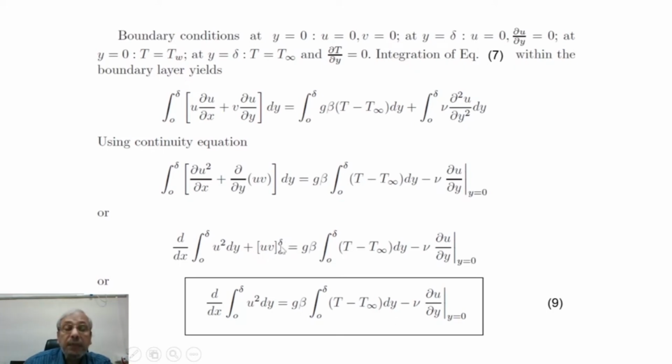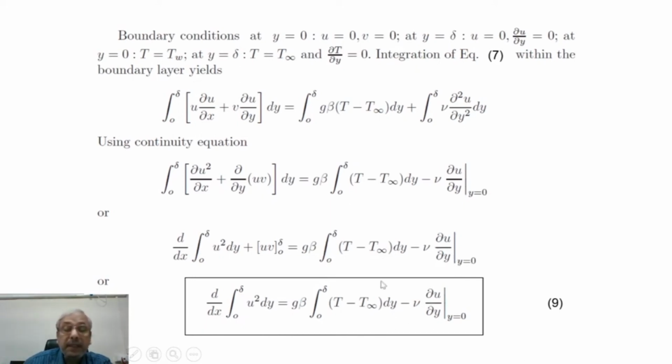But uv, when we integrate for natural convection, will not produce any result, because at the upper limit delta u equal to 0, and at the lower limit 0, u and v both are equal to 0, as we know very clearly. So the right hand side is g beta integral 0 to delta t minus t infinity dy minus nu del u del y.